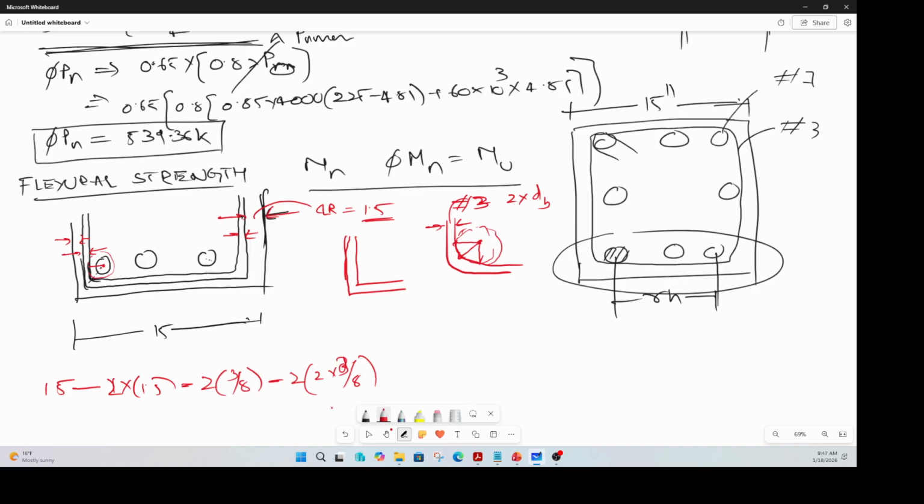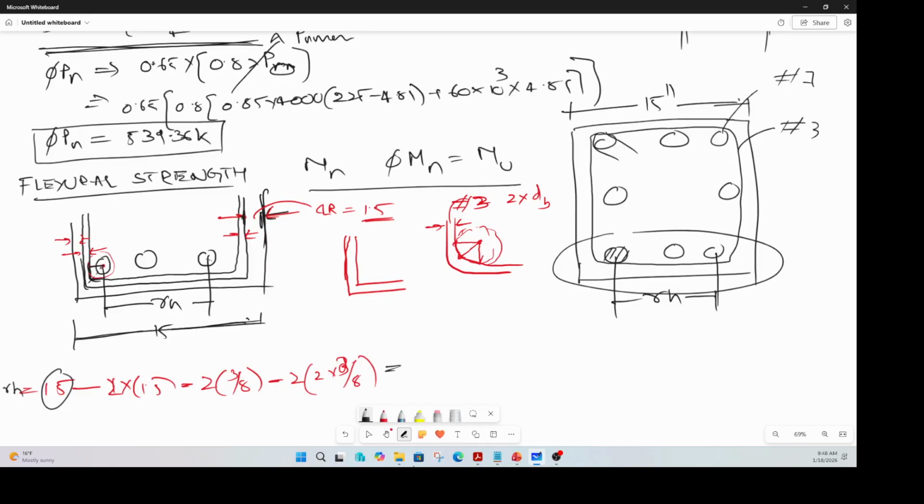Again, we are trying to calculate your spacing, which is gamma h, because gamma h is from here to here. The gamma h value: the 15 overall width, minus 2 times your clear spacing. That means we are here. Then you reduce one diameter of the stirrup on this side, one on the other side, and then you account for the radius, that distance there, 2 times.